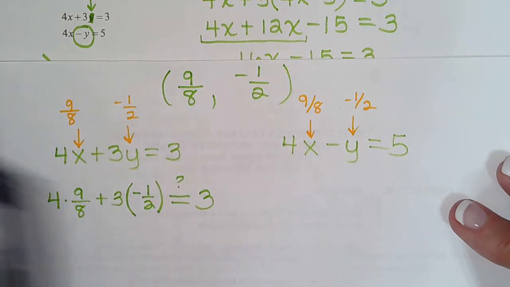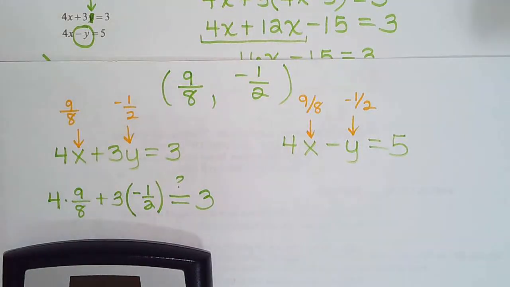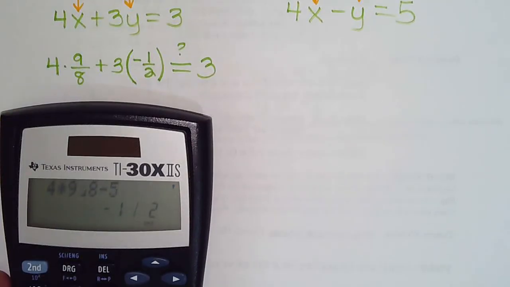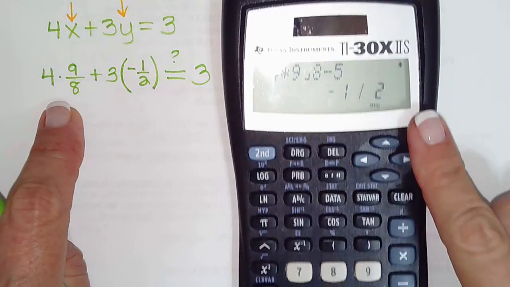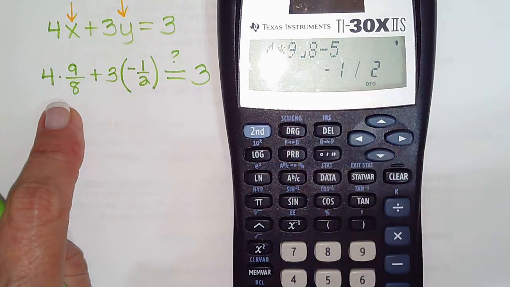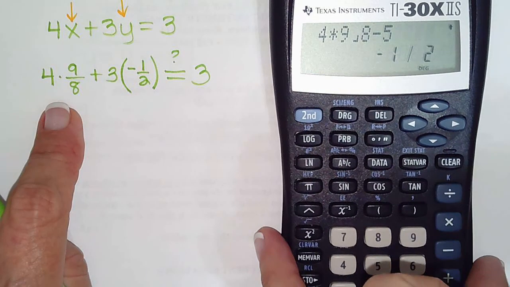So let's see. I'm going to move this up so we can see the calculator. So just type it in just like you see it. So 4, let me get out of the glare so you can see.